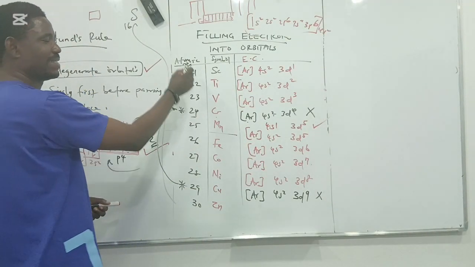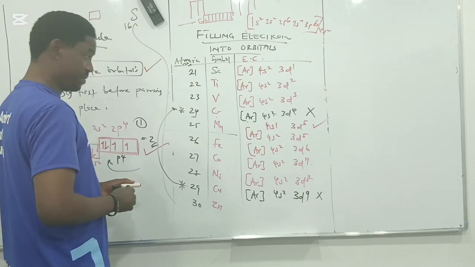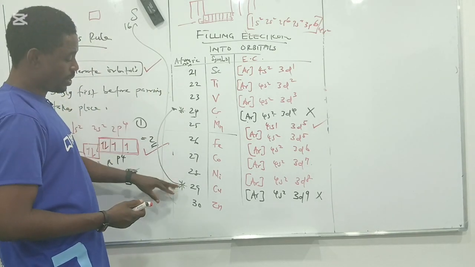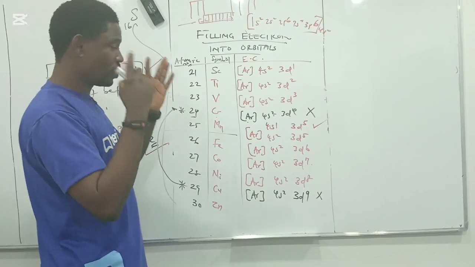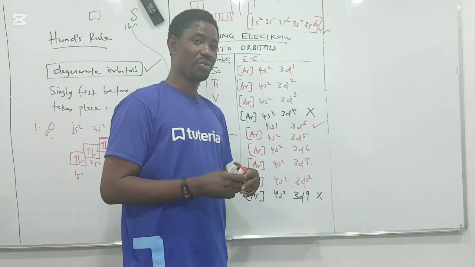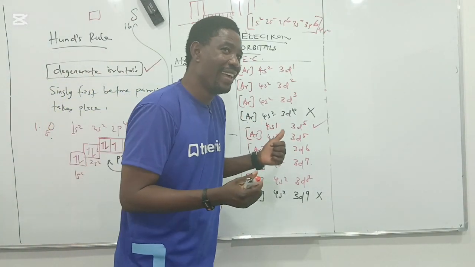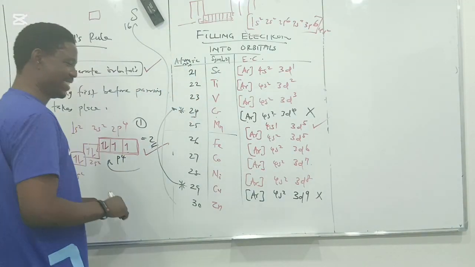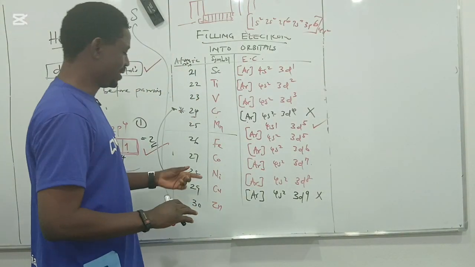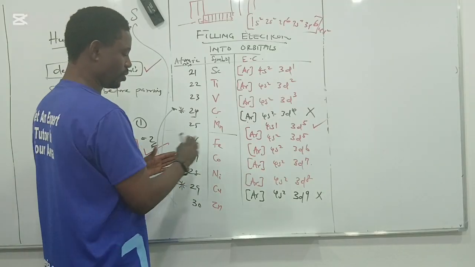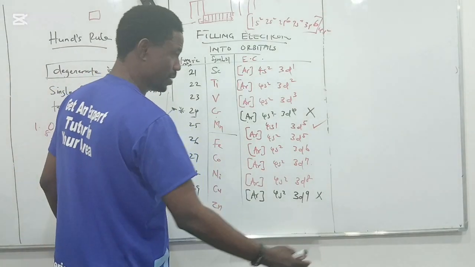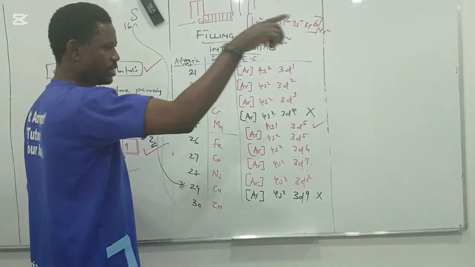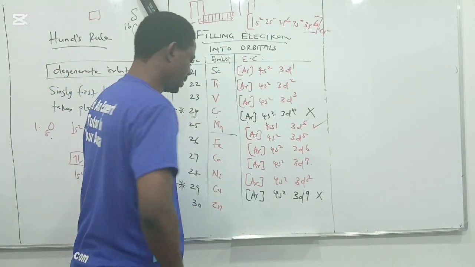So whenever you're writing the electronic configuration of the first transition series, the first thing you need to do, make sure you start with chromium and copper, because they have unusual electronic configurations which do not obey the usual rule for stability of the orbitals. I hope that makes sense. They don't want to obey that because there are better ways of doing it. We don't want to fill this 4s when the d orbital is vacant.